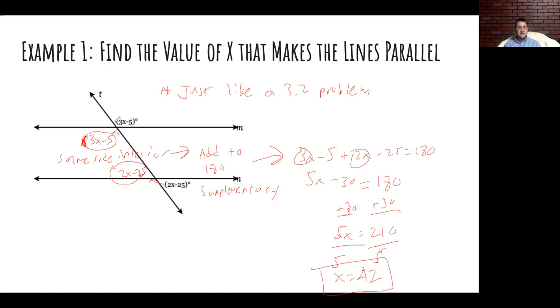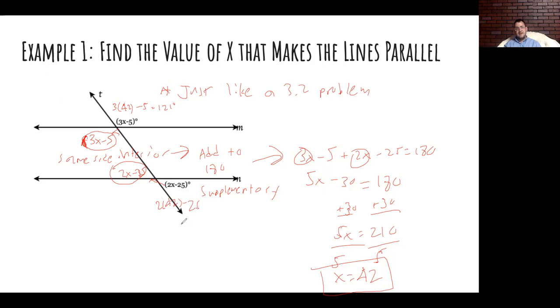And I could even plug them in as well, just to check that they do add to 180. So I'm going to do 3 times 42 minus 5. So that's going to be 121 degrees. And then here I have 2 times 42 minus 25.